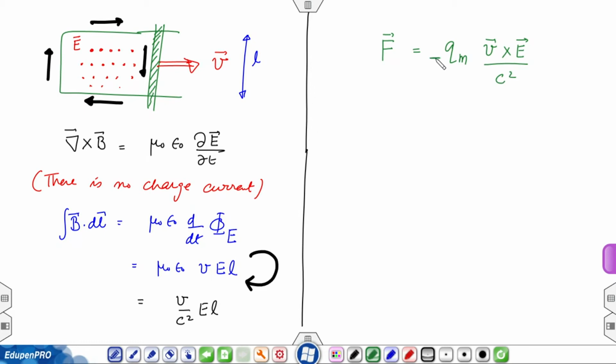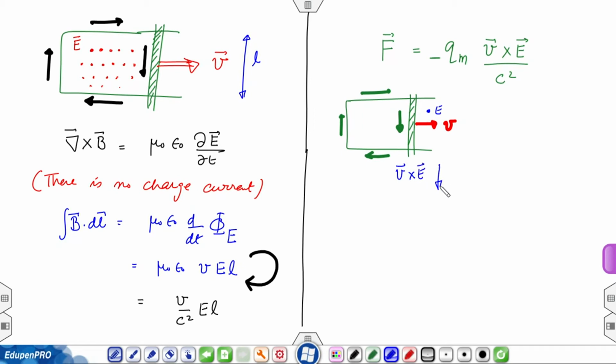So, let us see if that works out. You see, in this circuit, the current is moving clockwise, V is to the right, E is coming out. So, V cross E is taking it down. I think I made a mistake, because this is a plus sign.